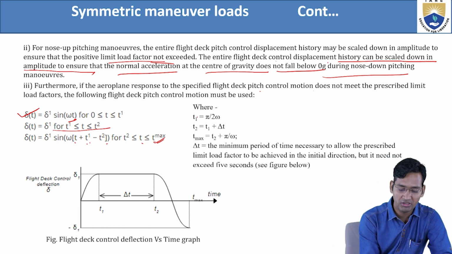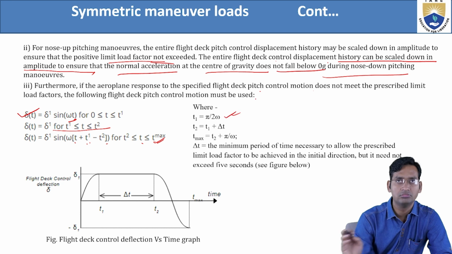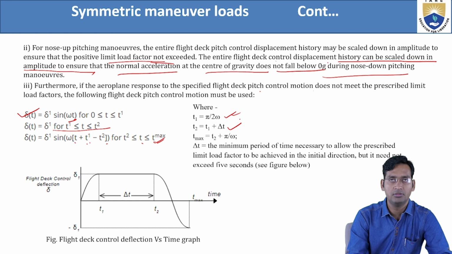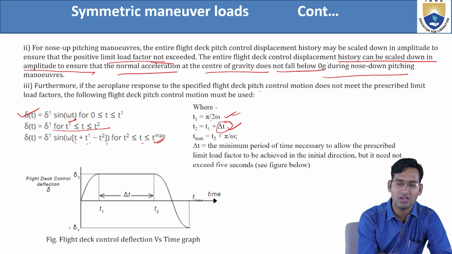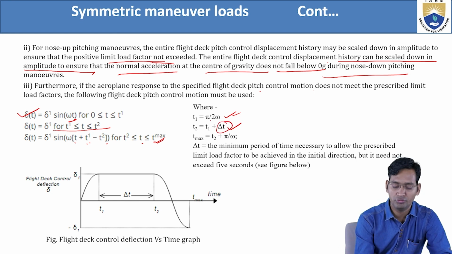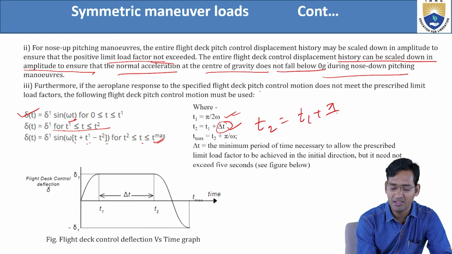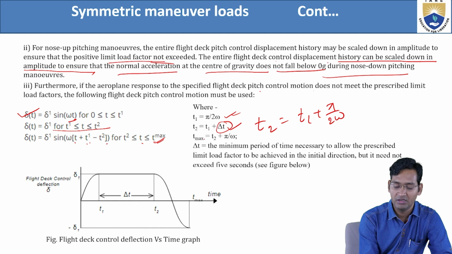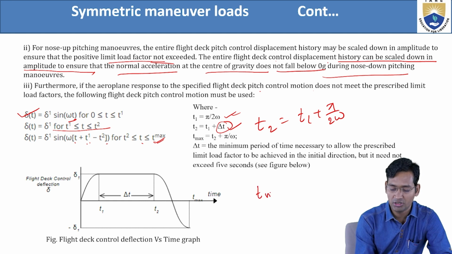So now let's see what t1 is here. T1 is pi by 2 omega. T2 is t1 plus delta t, meaning by what amount its time is changing. So you can say t2 is equal to t1 plus delta t. T max is t2 plus pi by omega.